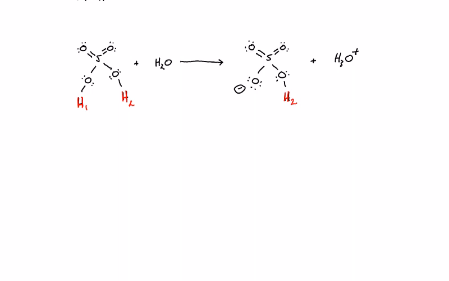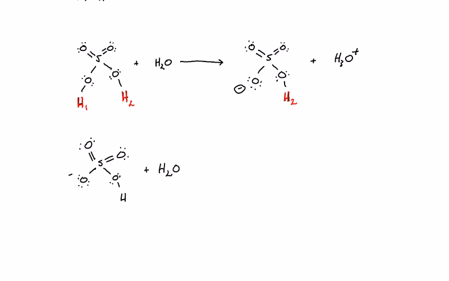Okay, and that's because the molecule, when it's losing its second proton, already has a negative charge on it. And like we said earlier on, having a negative charge or building up charge is something that's generally not very favorable. Okay, so what that means for us is that it was easy to take that first one off, but the second one is going to be a little bit more difficult.